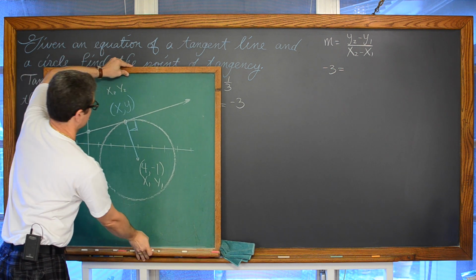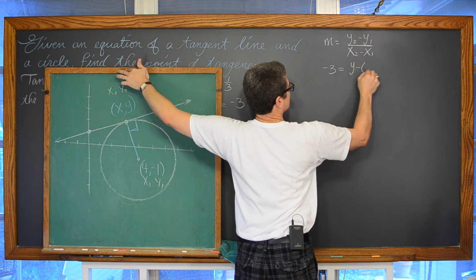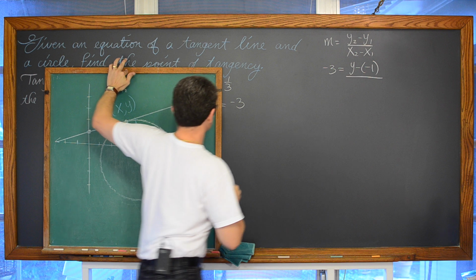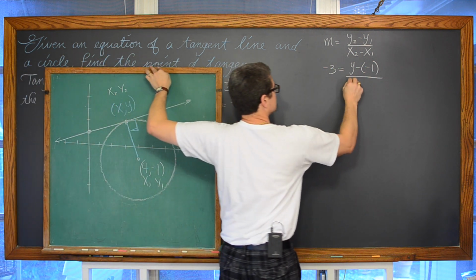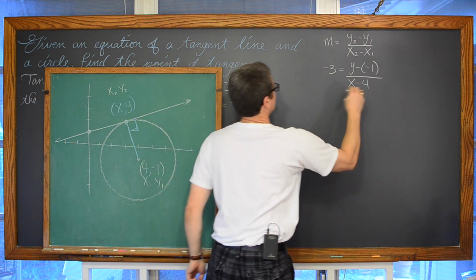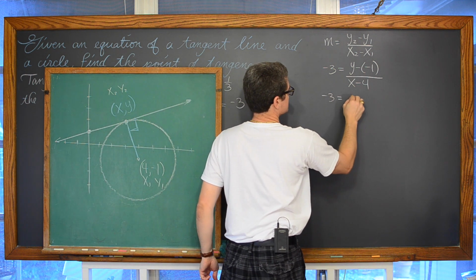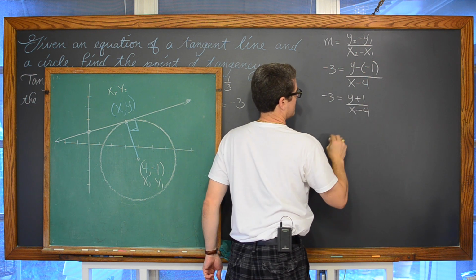Y sub 2 minus y sub 1 over x sub 2 minus x sub 1. And cleaning that up, we get -3 is equal to y plus 1 over x minus 4.